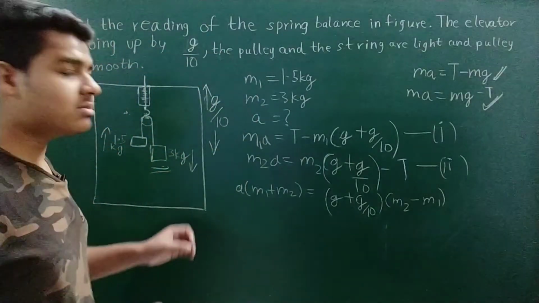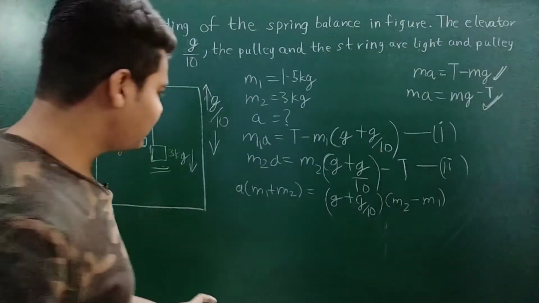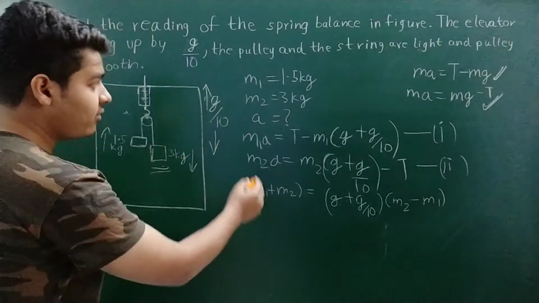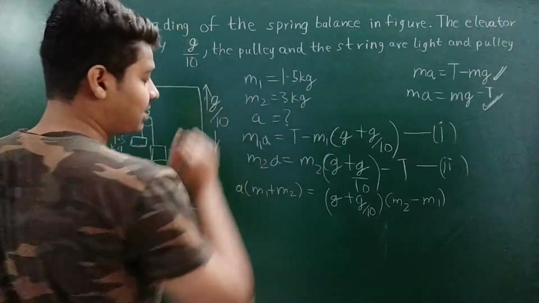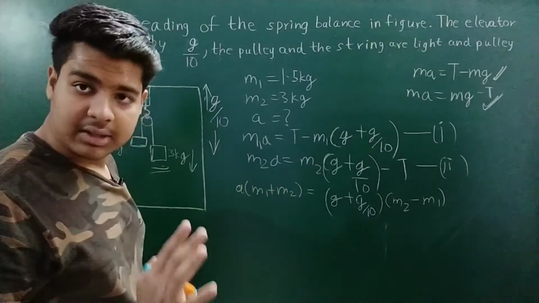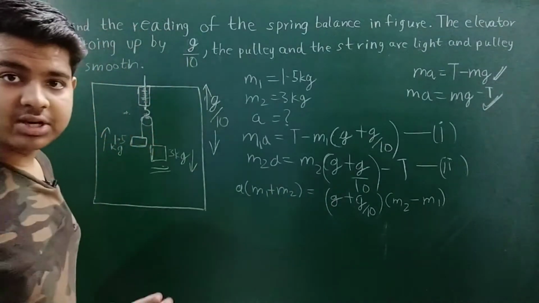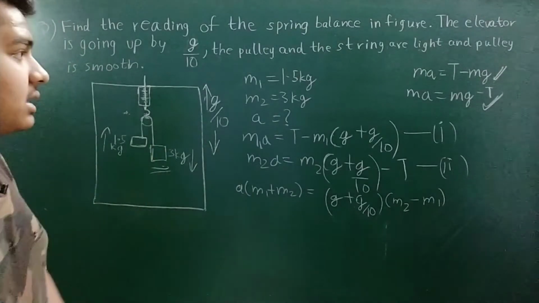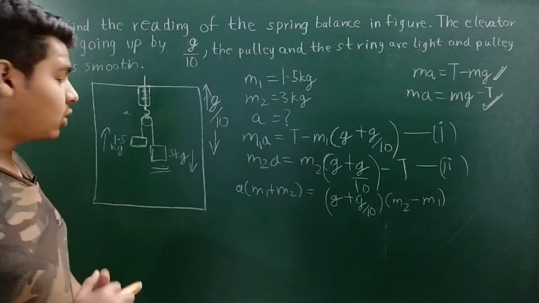Now we will simply replace the terms with the original values. m1 will be 1.5, m2 will be 3 kg, and g will remain the same. So first you note this much down, then I'll erase it and I'll solve it further.